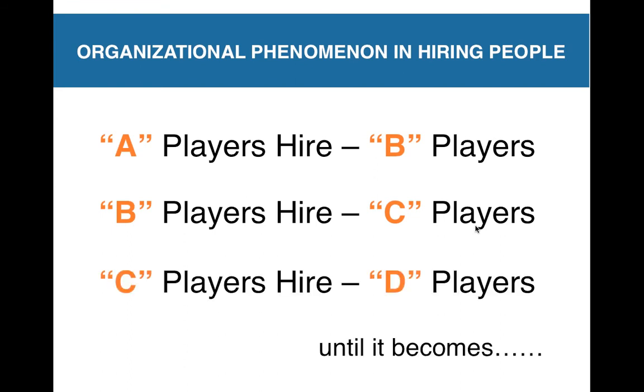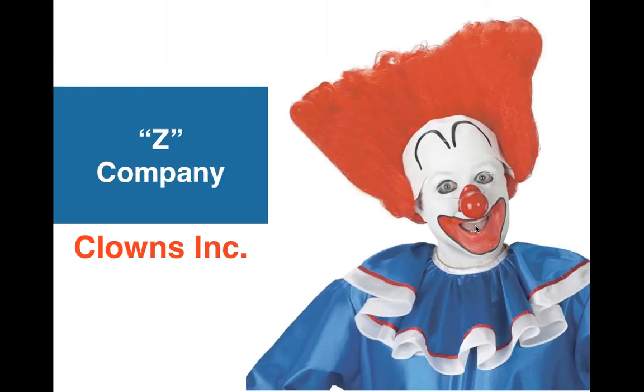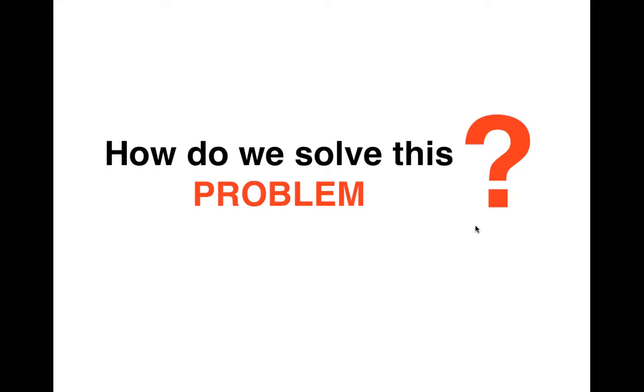And it goes from C players, who also hire D players, until it becomes a Z company, a company full of Z players. And when this happens, I call this a bozo explosion. You know, I love this graphic, but nevertheless, this is a very good analogy that I would put in. Okay, but how do we solve this problem?